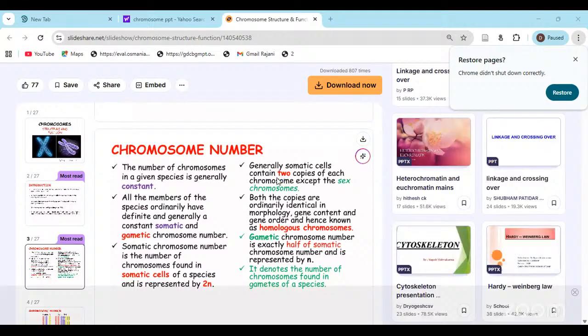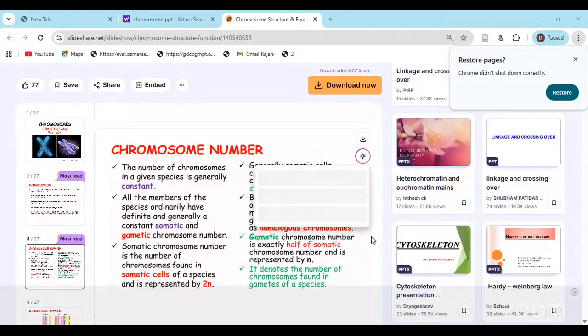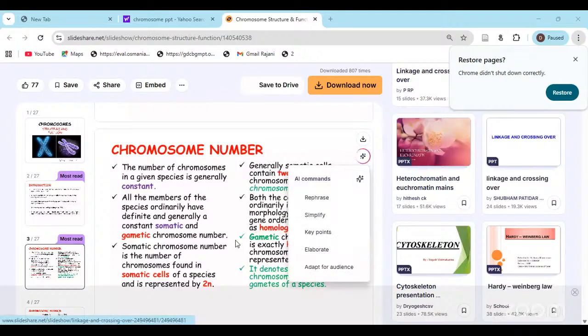All the members of a species ordinarily have a constant somatic and gametophytic chromosome number. The somatic chromosome number is the number of chromosomes found in the somatic cell of a species.